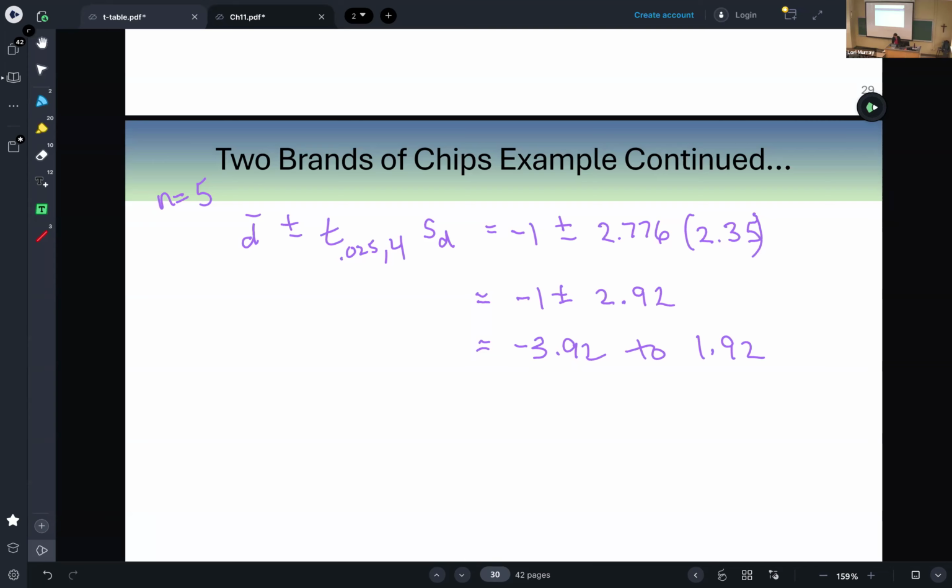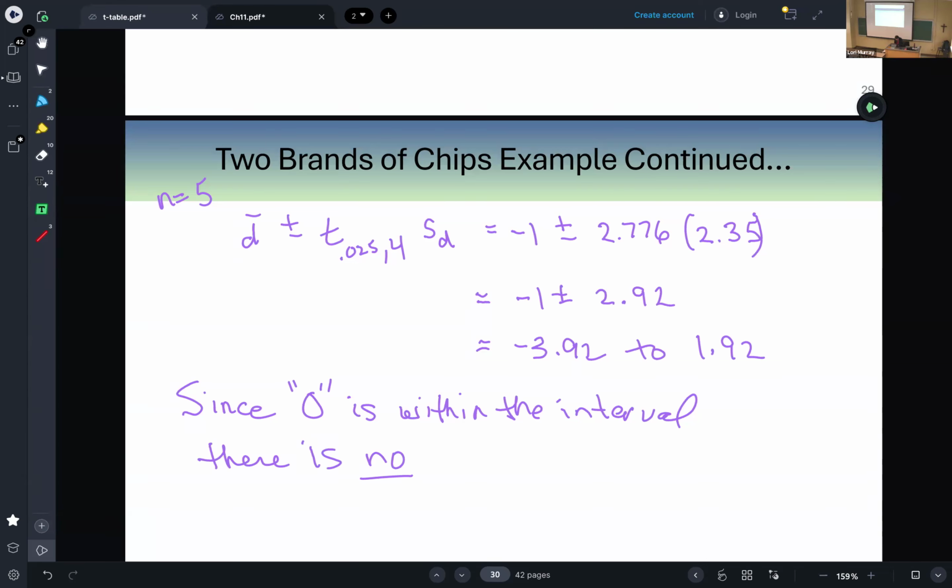So we conclude this, since 0 is within the interval, we conclude there is no difference between the brands of chips.